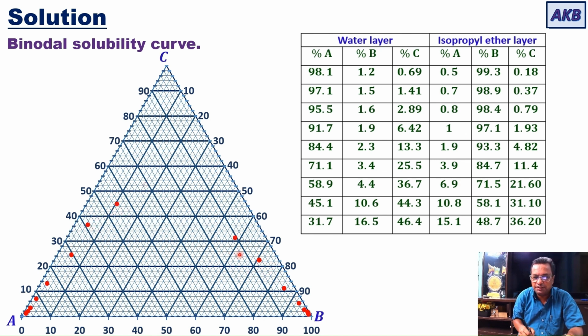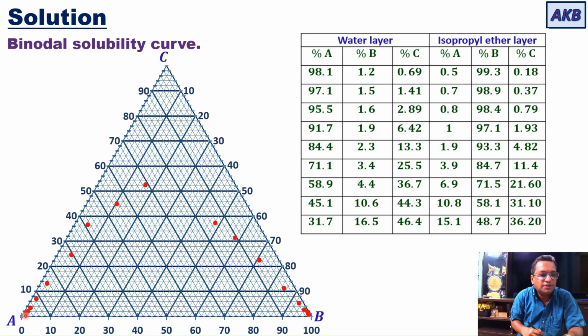This composition is in equilibrium with this composition. And this composition is in equilibrium with this composition. So in this way, you get the points for the water rich layer and then points for the isopropyl ether rich layer.